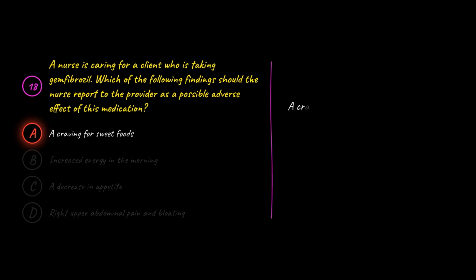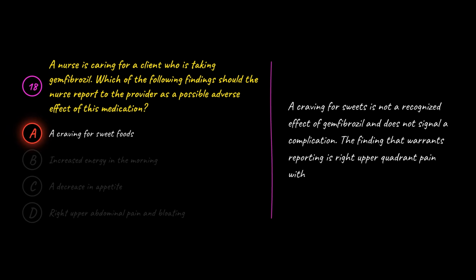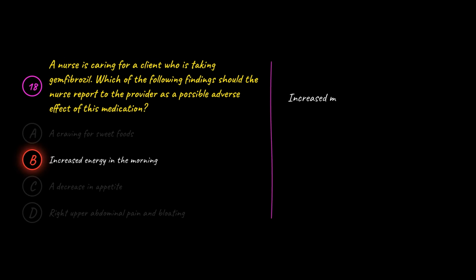A is wrong because a craving for sweets is not a recognized effect of gemfibrozil and does not signal a complication. The finding that warrants reporting is right upper quadrant pain with bloating, which can point to the gallstones this drug may cause. B is wrong because increased morning energy is not an adverse effect and would not be reported as a concern.